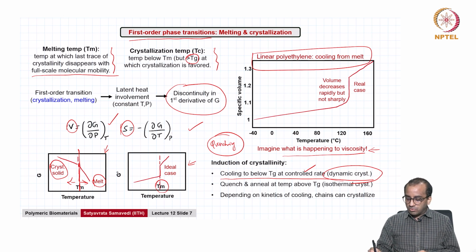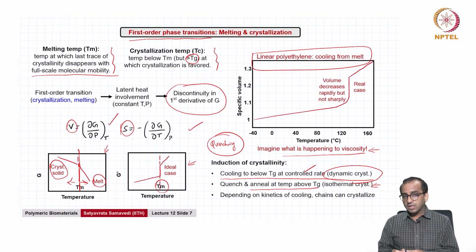You can also do what is called isothermal crystallization, where you heat it up at a controlled rate and go to a temperature where crystallization is favored and remain at that temperature in a process called annealing. So, if you anneal the sample at a temperature above the glass transition temperature where crystallization is favored at a fixed temperature, that is called isothermal crystallization.